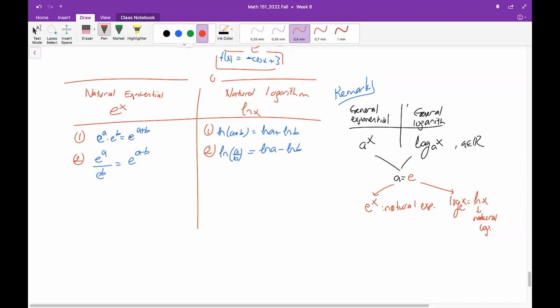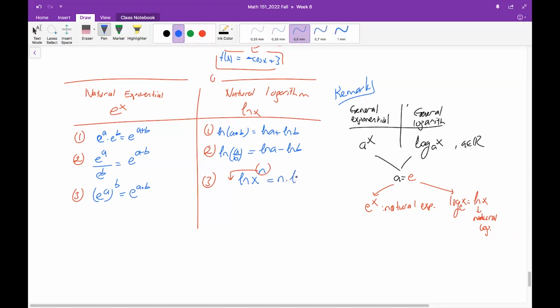And what about the taken powers? So e to the a, to the power b, is e to the power a times b. How does it work for the ln function? If you have ln of x to the power n, for example, then you can take this power down to here.